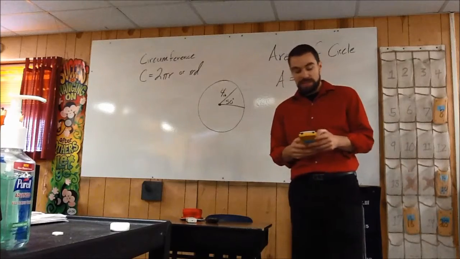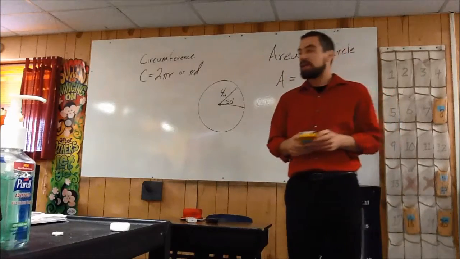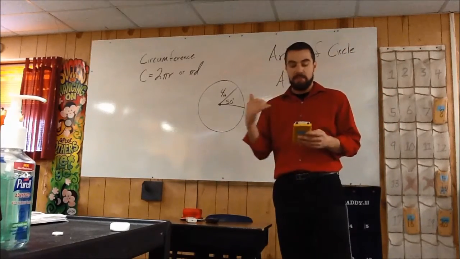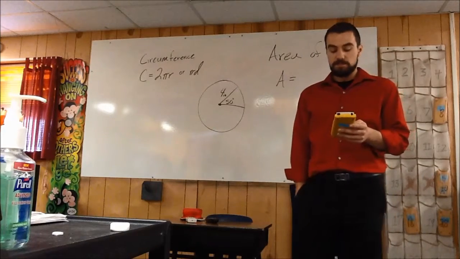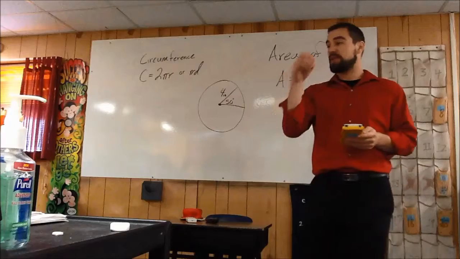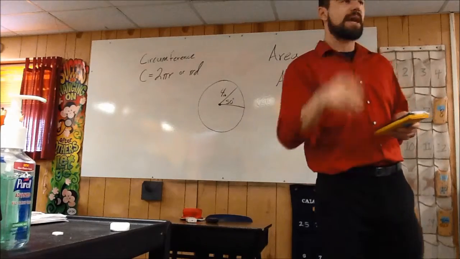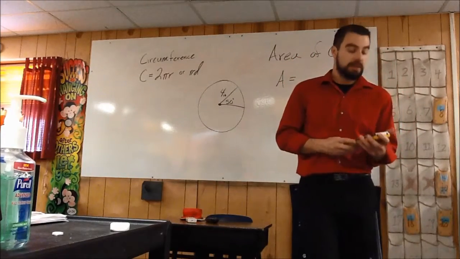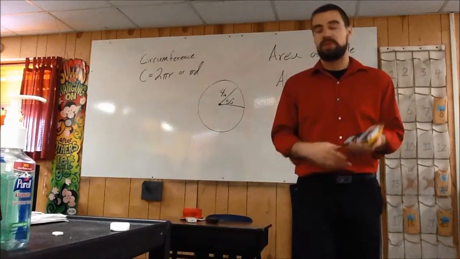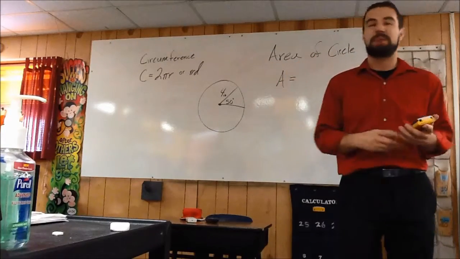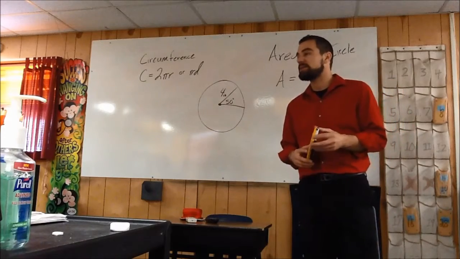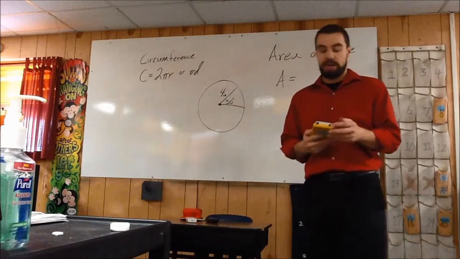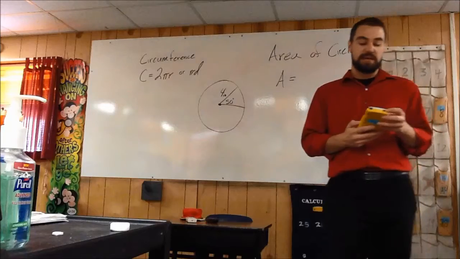So you will hit the blue second button first, and then hit that button underneath clear. It will print out the symbol pi. And if you press enter with only that symbol pi, it'll get you a much more accurate approximation of pi. That's 3.141592, and so on.